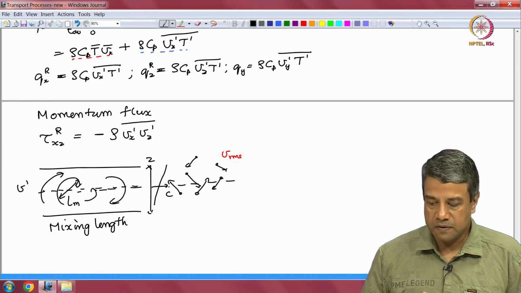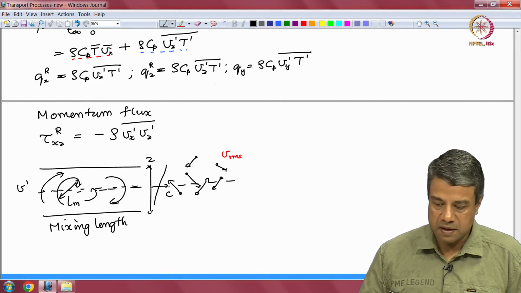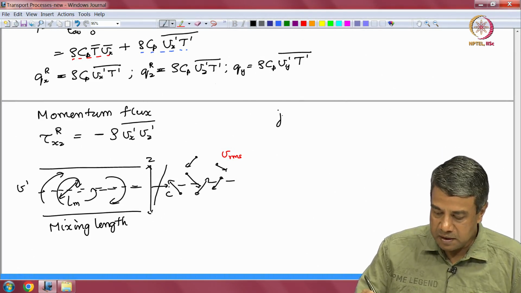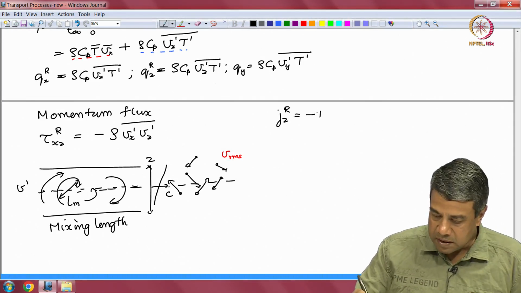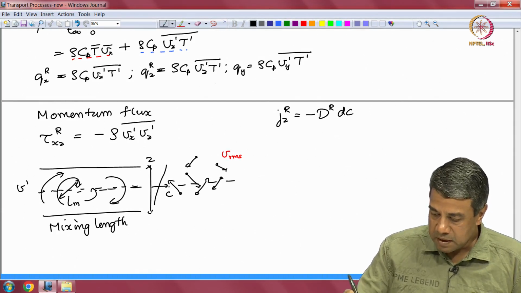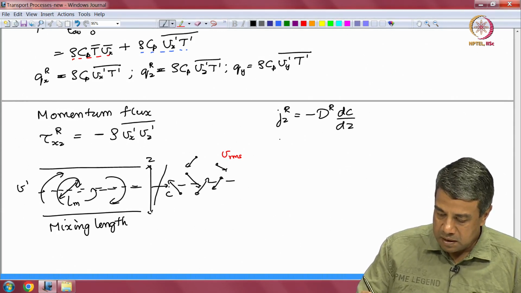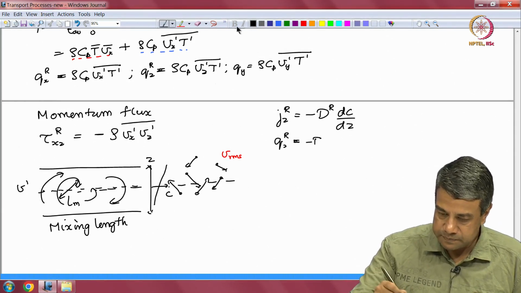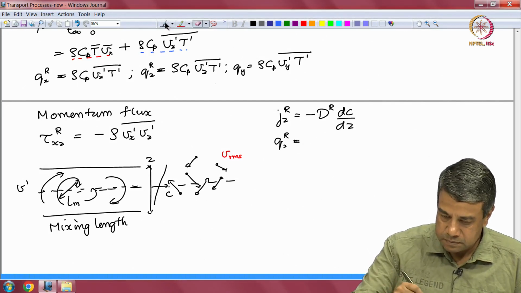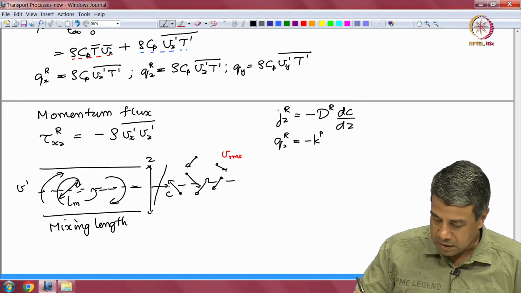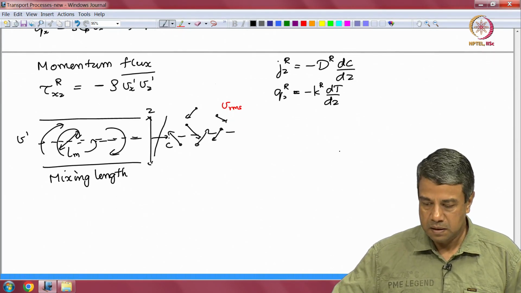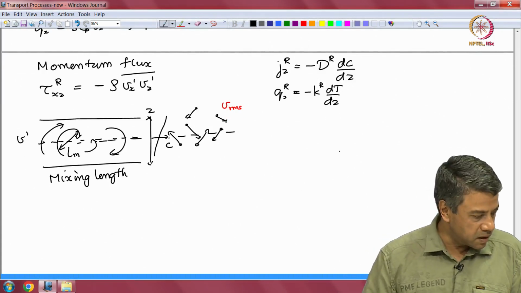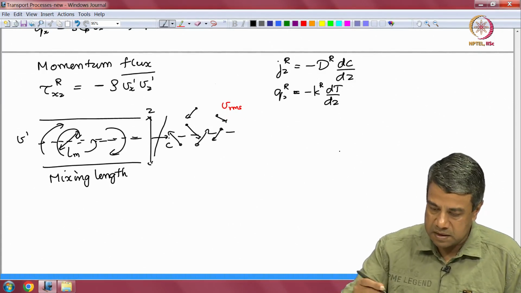And on that basis, the models for the Reynolds fluxes are typically of the form: the Reynolds flux in the z direction is equal to minus D_r dc by dz, q_zr is equal to minus k_r dT by dz, where D_r and k_r are the Reynolds conductivity and mass diffusivity.